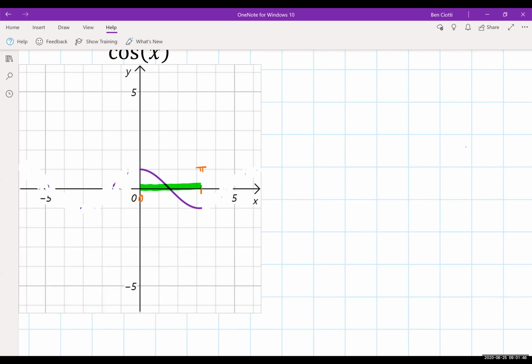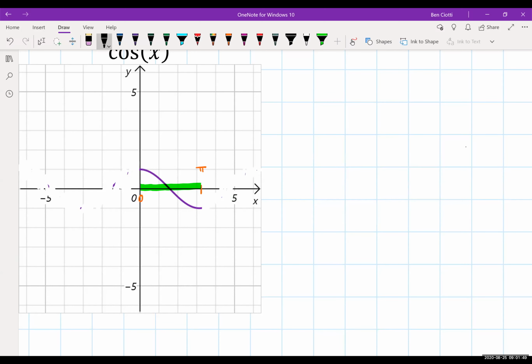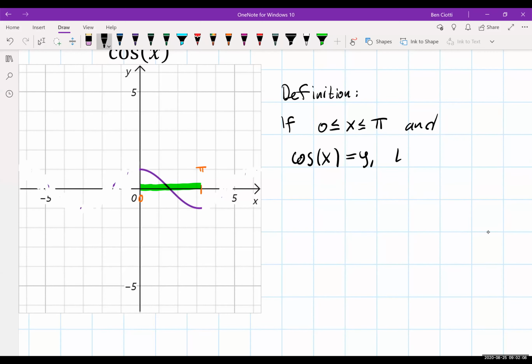So here's the definition. If 0 is less than x is less than pi, and cosine of x is equal to y, then cos inverse of y is equal to x. Or we also have the arc cosine notation, which means the exact same thing.